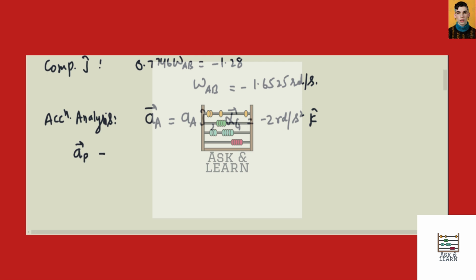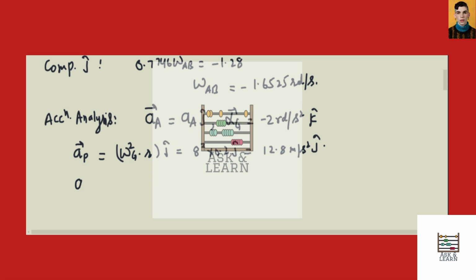Acceleration of P is omega square G into R j cap. It would be equal to 8 square into 0.2 j cap. So it would be 12.8 meter per second square j cap.